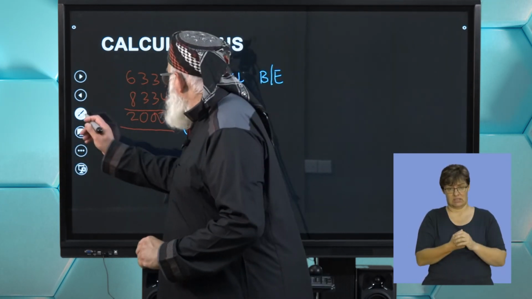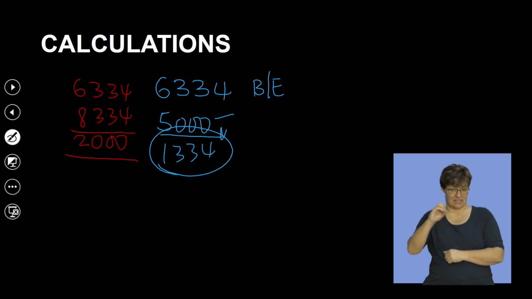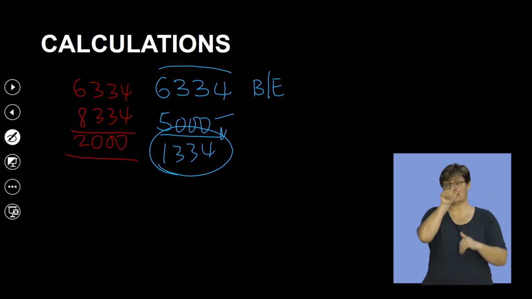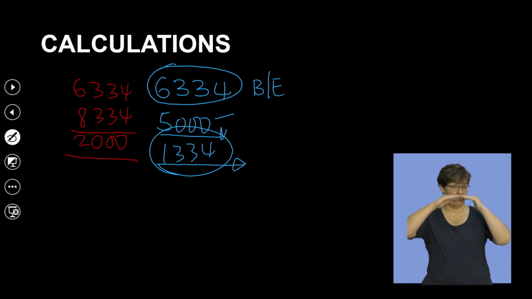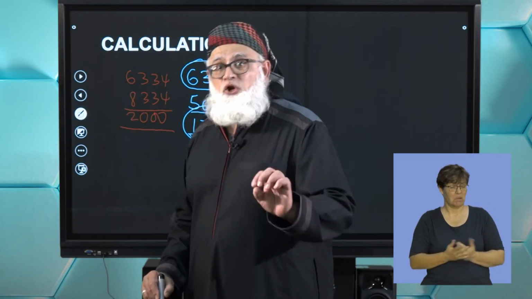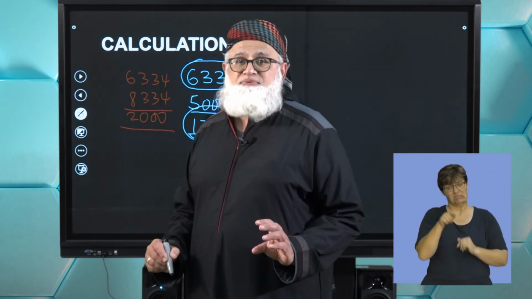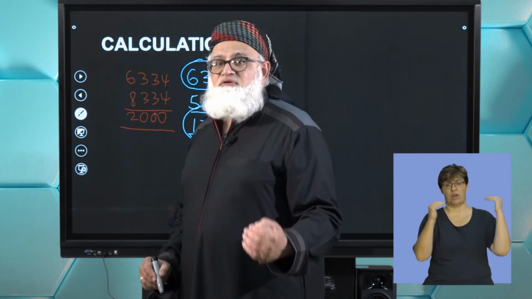Going back to our example, we said we manufactured 5,000. Our break-even was 6,334. Clearly, we were under the break-even point by 1,334 units. Clearly, we're making a loss in this particular enterprise. Why? We're manufacturing below the break-even point.